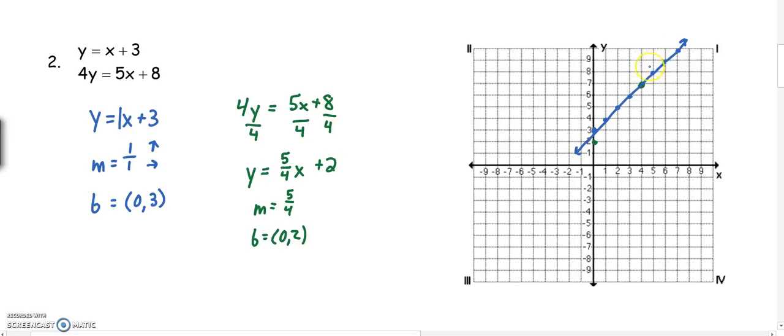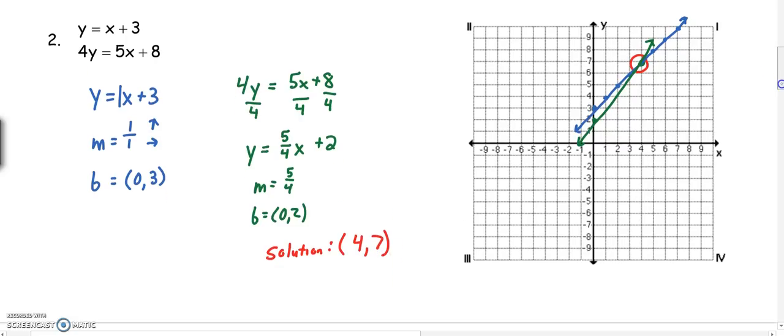I can only get 1 point on my graph, which is okay because it's an intersection point. So I'm going to just draw my line in, and my solution is where these two lines intersect. So in this case, my solution is 4, 7. Let's look at one more example.